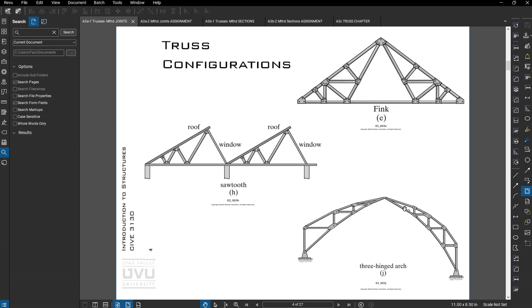Other types, this three-hinge arch is used often for very large open span type structures. There's a cool example of this out in Wendover at the airport where the bombers trained at one point in World War II. That's actually open to the public by appointment, I believe.